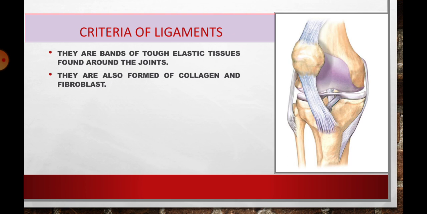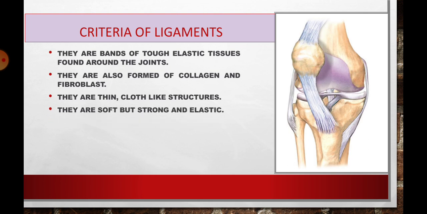They are found around the joints, but tendons are found at the end of the muscles. They are also formed of collagen and fibroblasts like the tendons, but they are thin and seem to be like a cloth, and they are soft but strong and elastic.